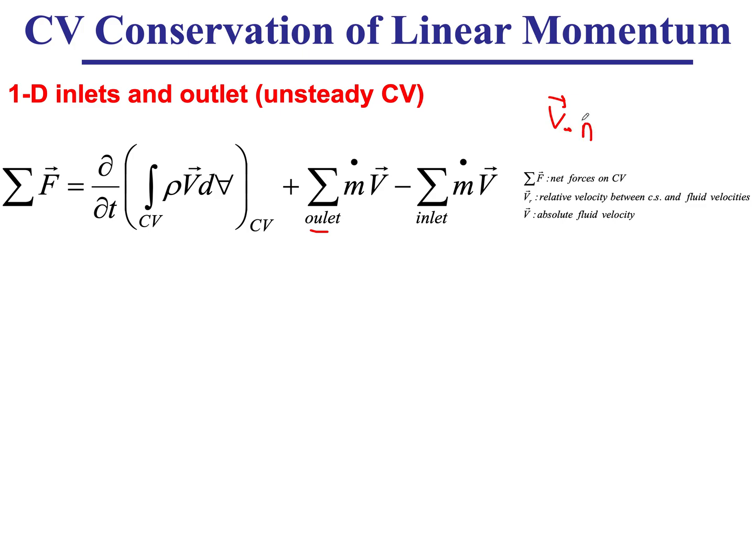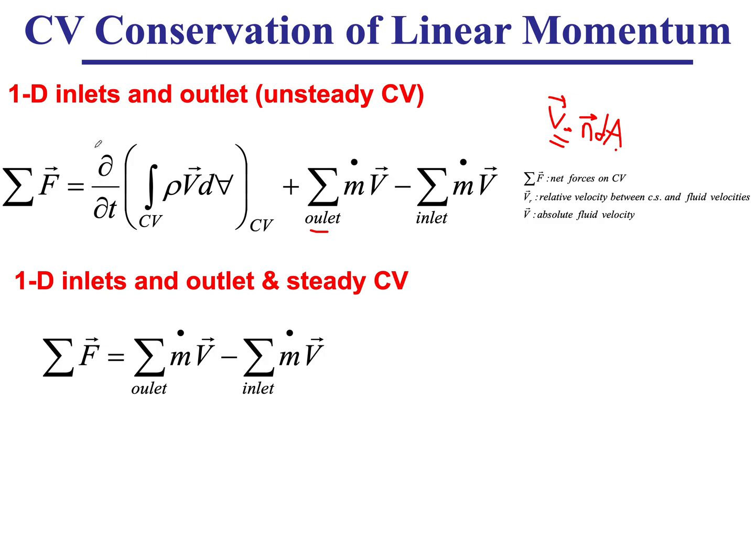It depends on the cosine theta. So you have this v dot n dA, which is part of the mass flow rate, and this is a dot product, and because v dot n is v times n cosine theta, depending on whether theta is 180 or 0, you get a minus sign. So that's the whole story. So it's summation of fluxes out minus in.